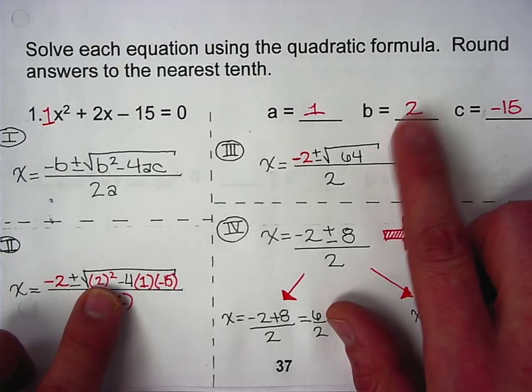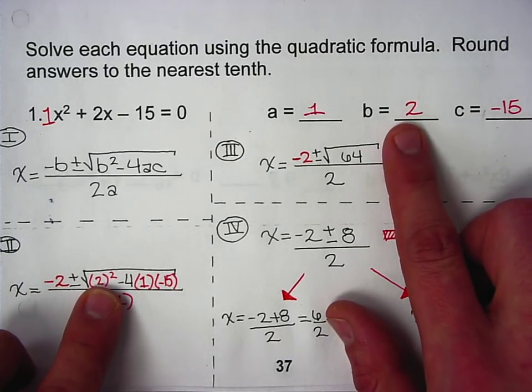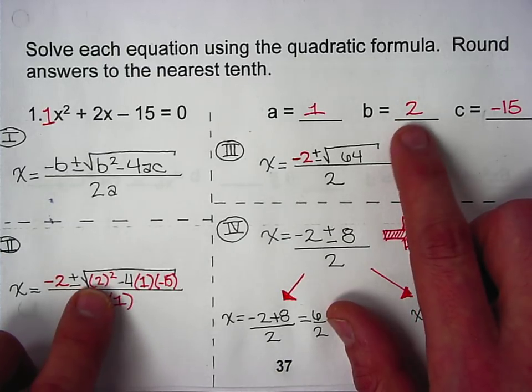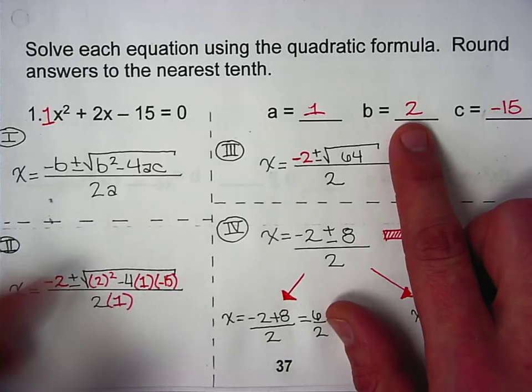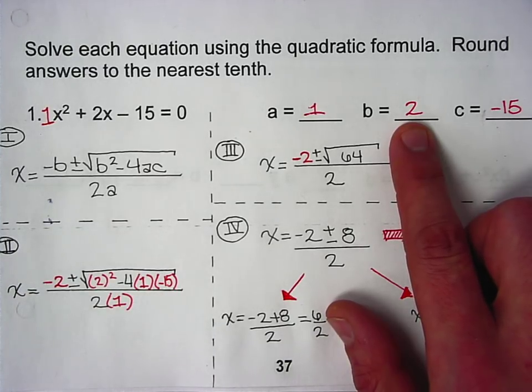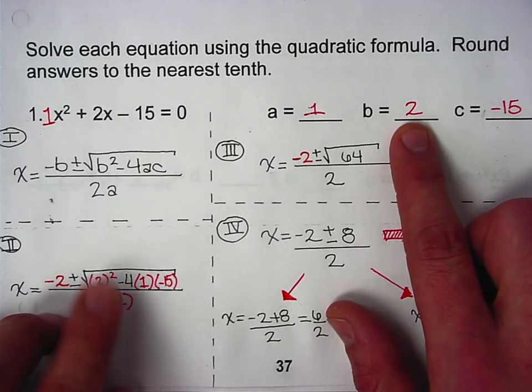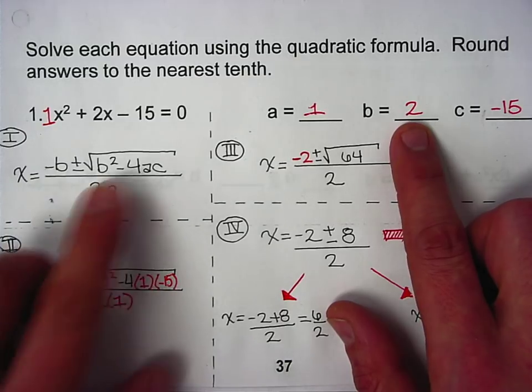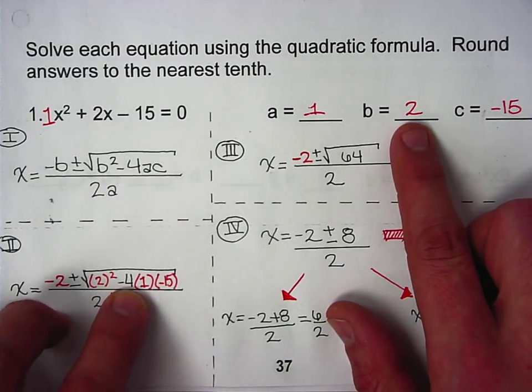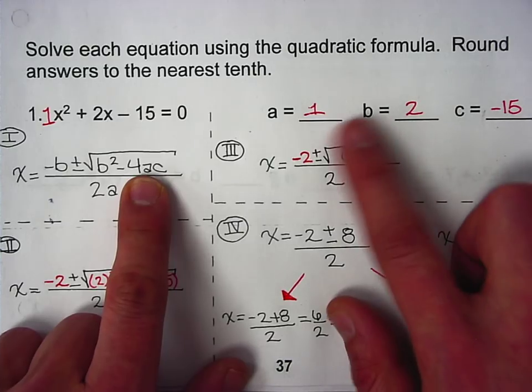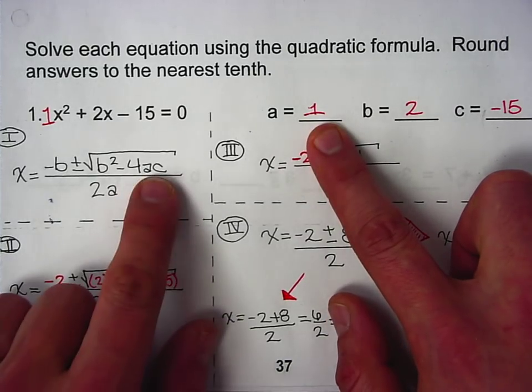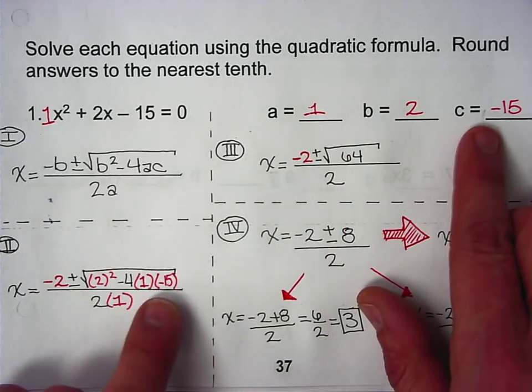It is important that no matter what b is, and if you're going to be using your calculator, which you will on this assignment, to always put the b value in parentheses, not only on your paper, but also in your calculator, especially when you have negative numbers. So I have in parentheses 2 squared minus 4 times my value for a, which is 1, times my value for c, which is negative 15.